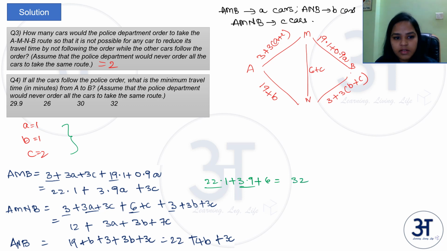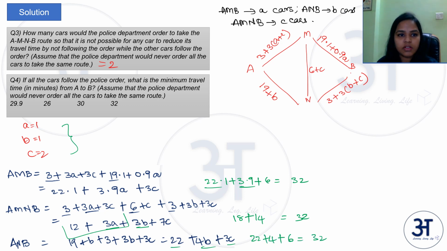For this case, we have A equal to 1, B equal to 1, so this will be 18 plus C equal to 2, 14. Again 32. Here we have 22 plus 4B plus 3C. That is 22 plus 4 plus 6, again 32. So the shortest route is 32 here.